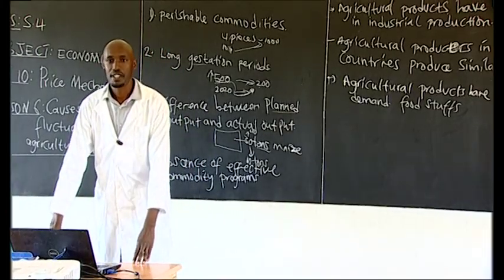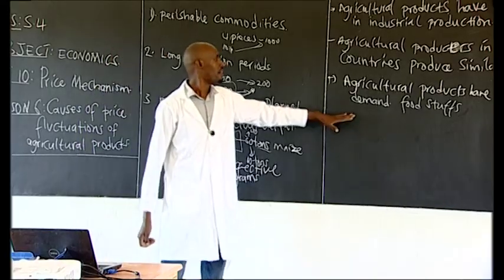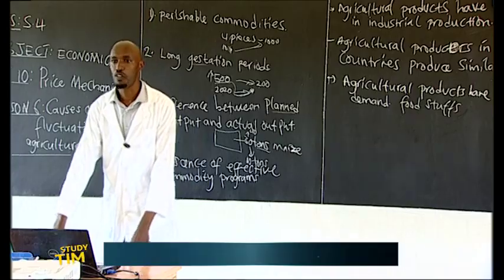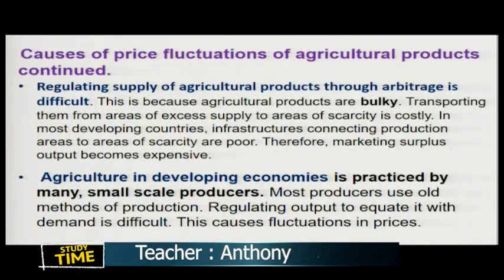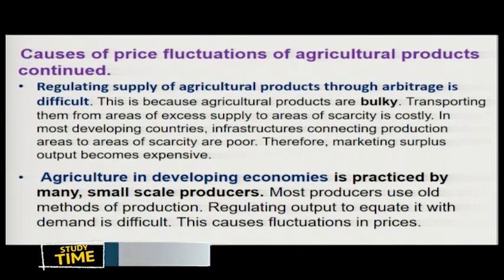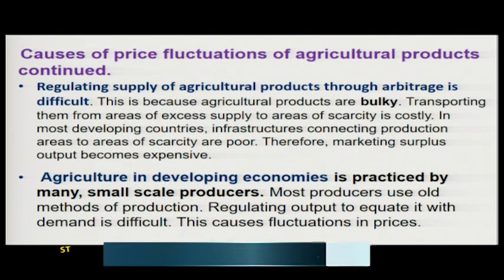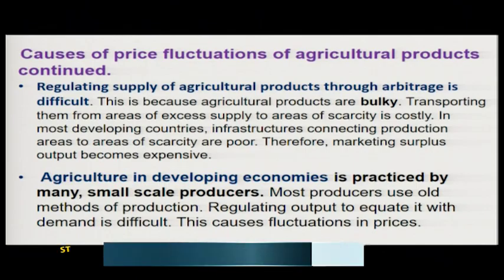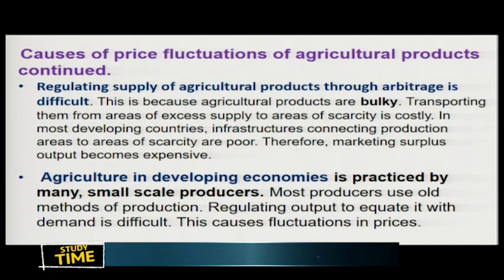Good. Let's continue. So regulating supply of agricultural products through arbitrage. Here you can get goods where there is excess, and you take them to where there is no excess, but you have a problem of loads.